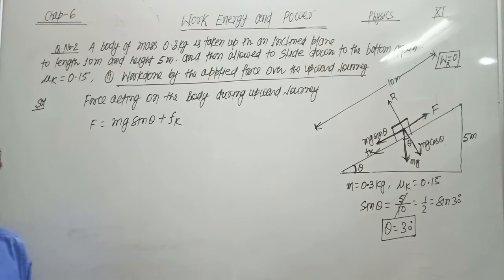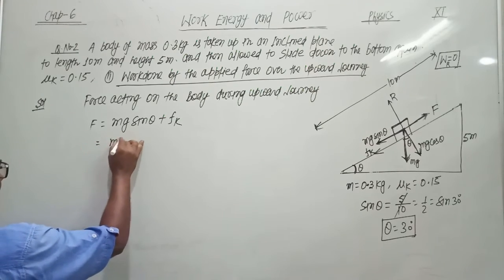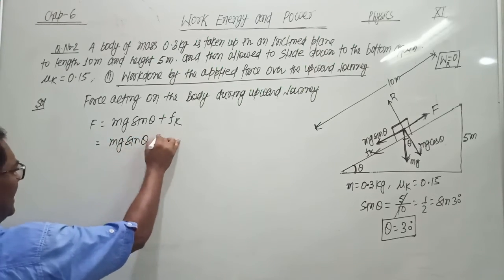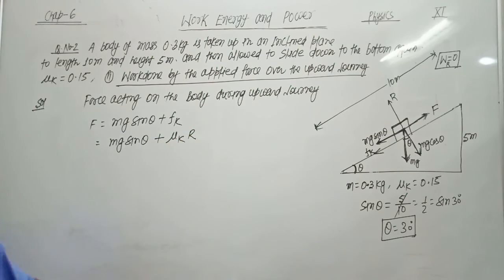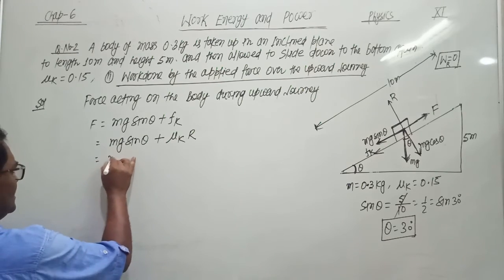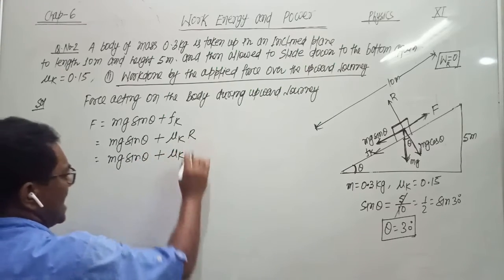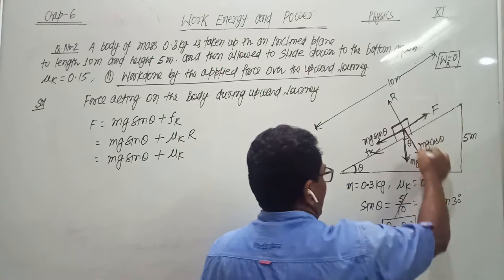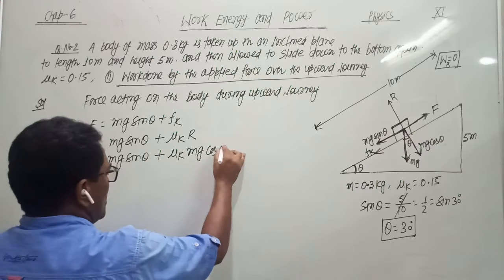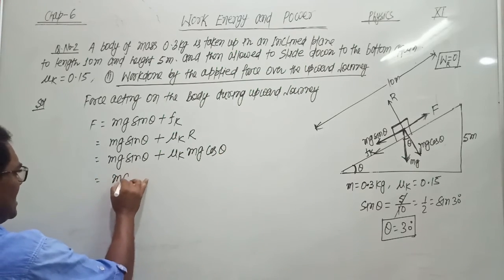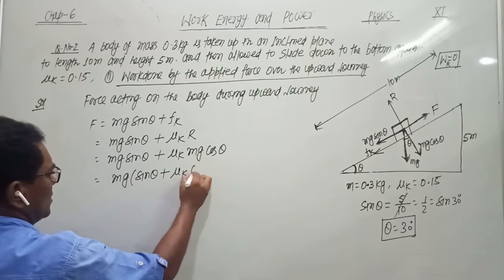Fk is the force of kinetic friction, written as mu k into R, and R equals mg cos theta. So in place of R, we use mg cos theta. From both the terms, mg is taken common, so sin theta plus mu k cos theta.